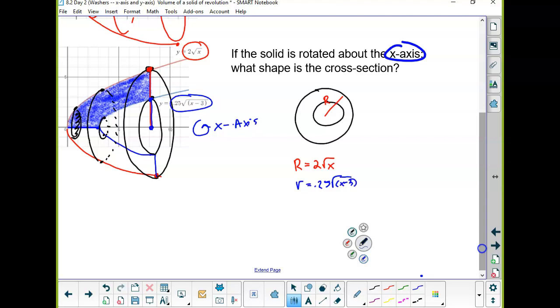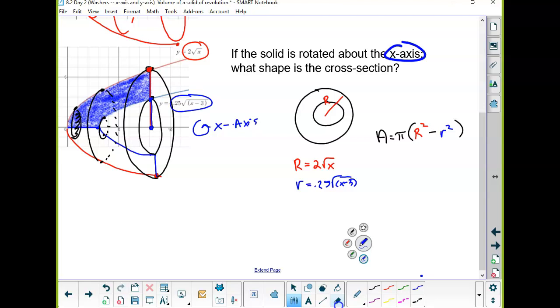So, what would our area formula look like? It would be pi r, oops, very careful here. It would be pi r squared. However, we saw in the last example, it's a lot friendlier to write it as pi capital R squared minus lowercase r squared.